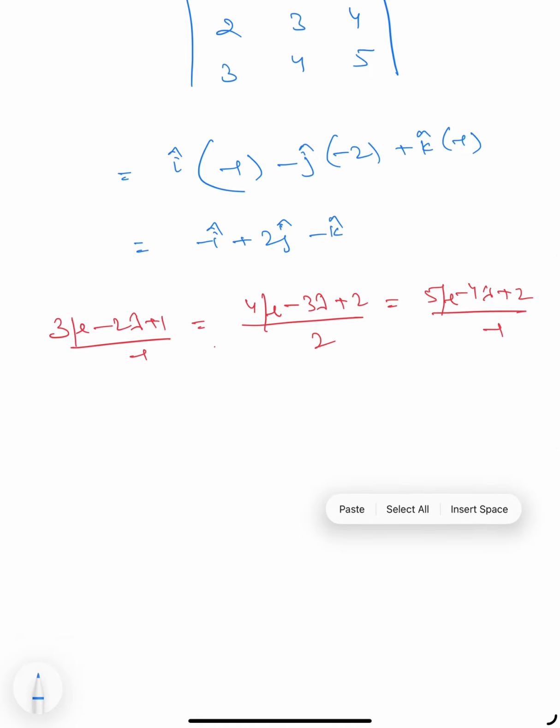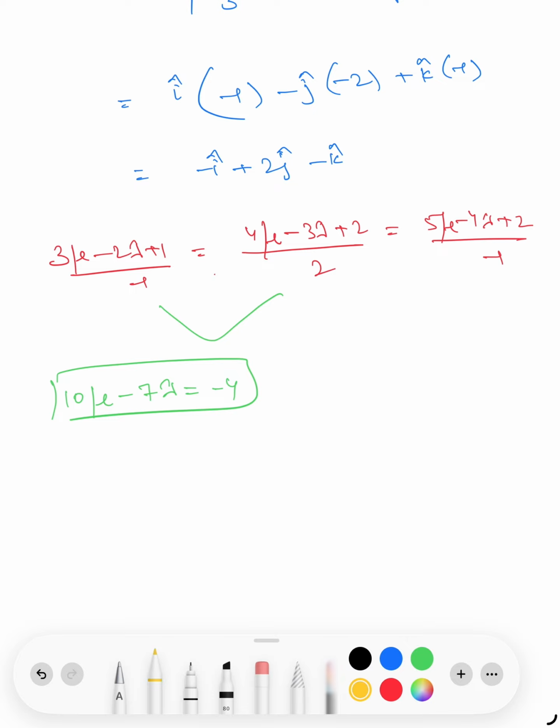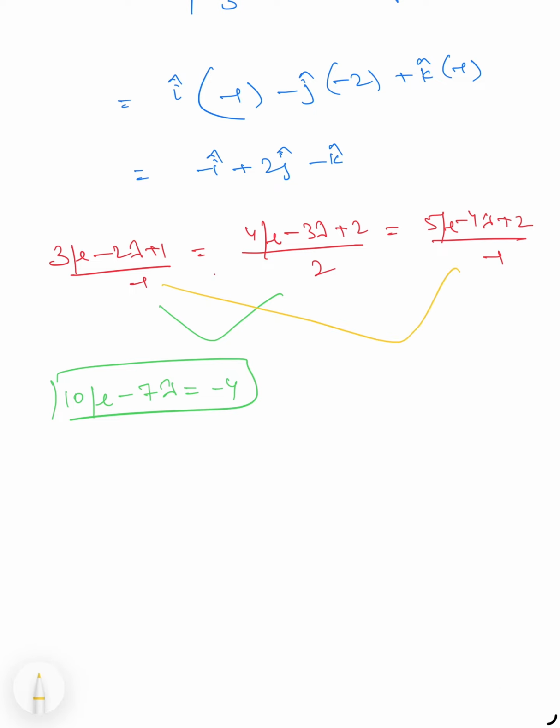Now when we equate these and do the cross multiplication, we get 10 mu minus 7 lambda equals minus 4, and when we compare the other two, we'll get 2 mu equals 2 lambda minus 1.